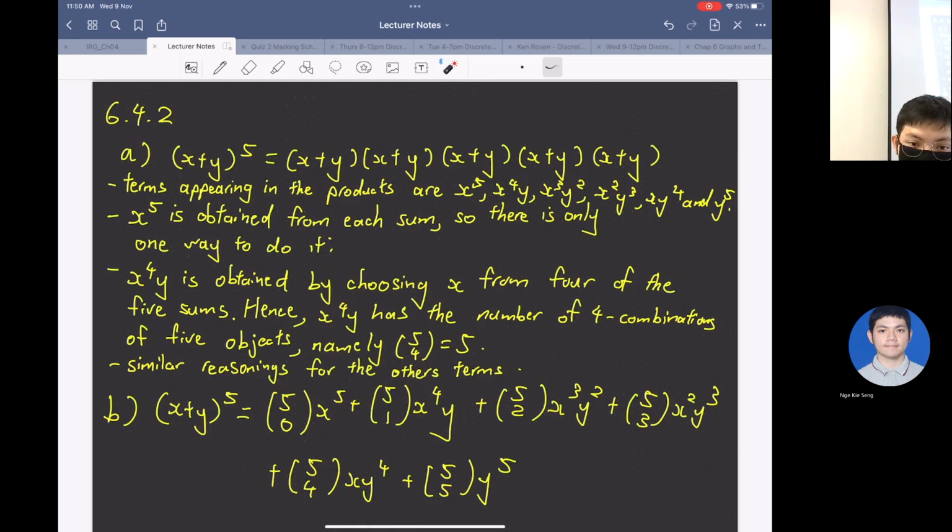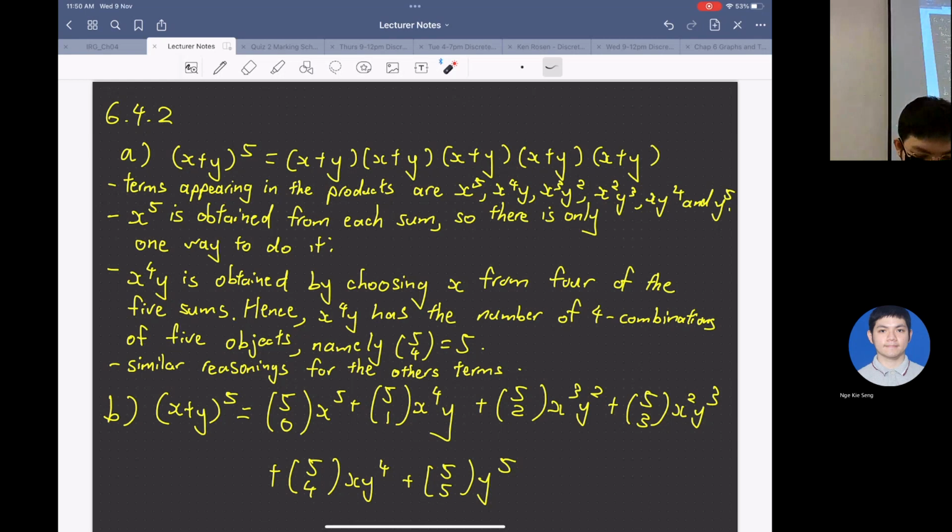6.4.2. This one is to repeat the argument in my lecture. Try to convince yourself that the binomial coefficient is a combinatorial reasoning.